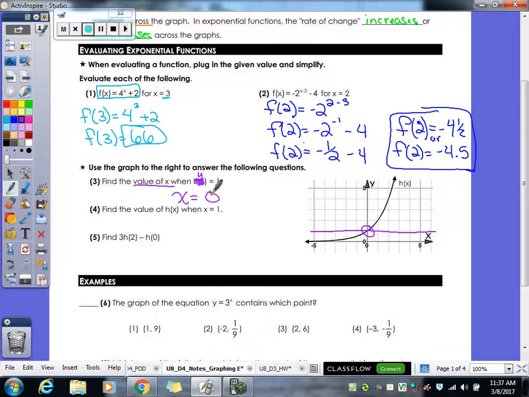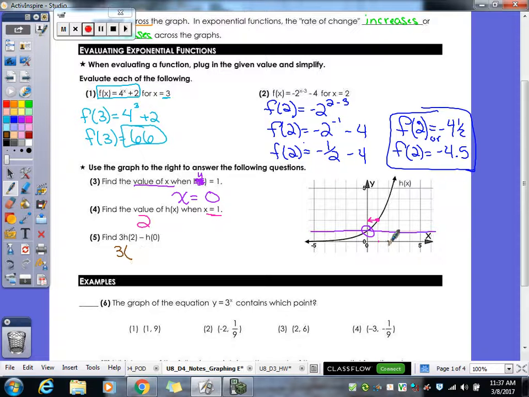This time find h of x when x is 1. They're telling us x is 1, so I'm going to go to where x is 1. Look for my graph. My graph is at 2. And then 3 times h of 2 minus h of 0. Well, we just figured out h of 2, didn't we? No, we didn't.